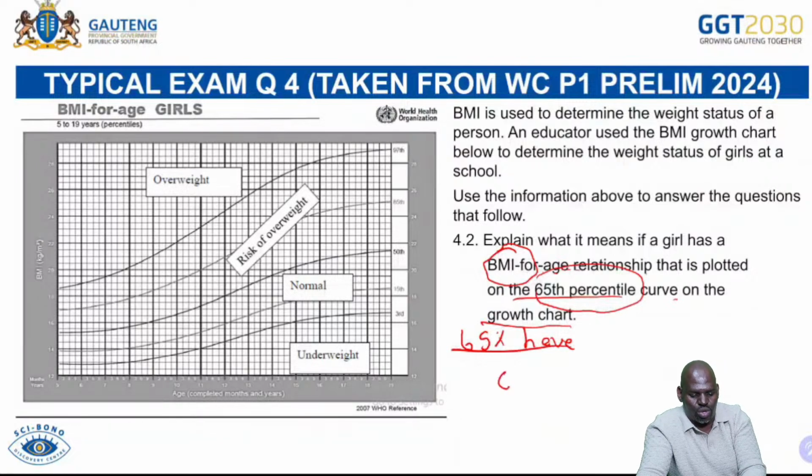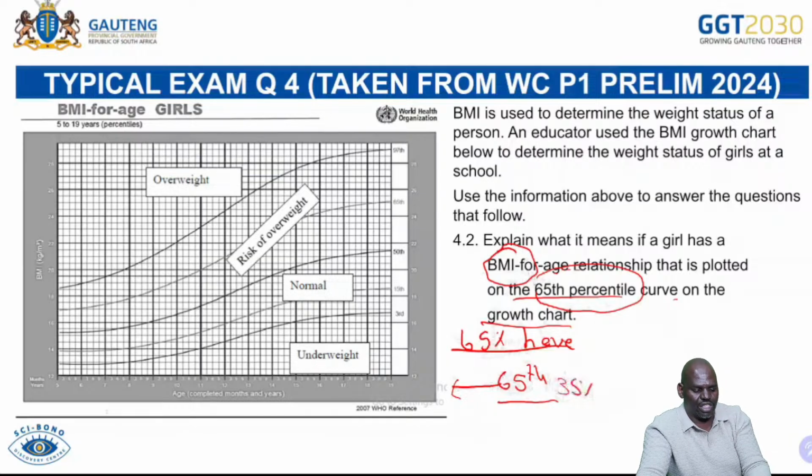So the girl is on the 65th percentile. So 65% of the girls of the same age have got a BMI that is either the same as this girl or lower. Then the percentage above is 35%. Then 35% of the girls of the same age either have the same BMI or a higher BMI.